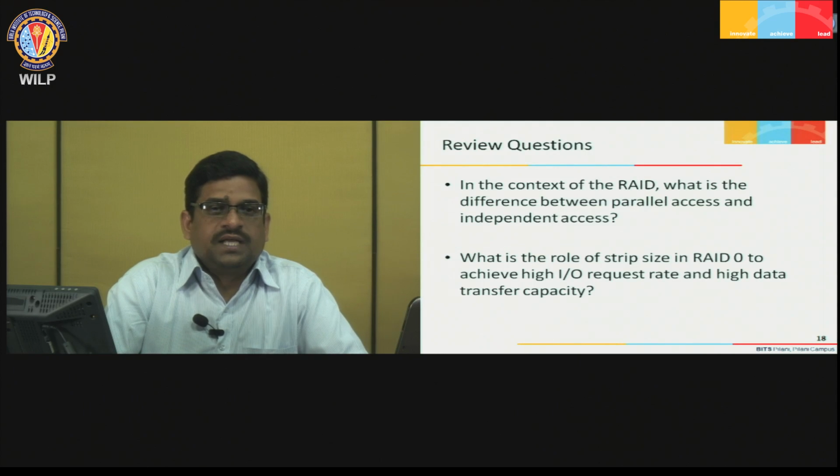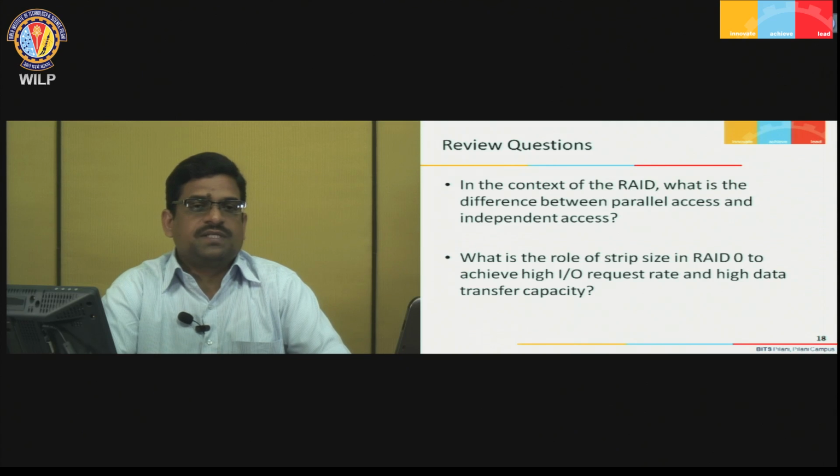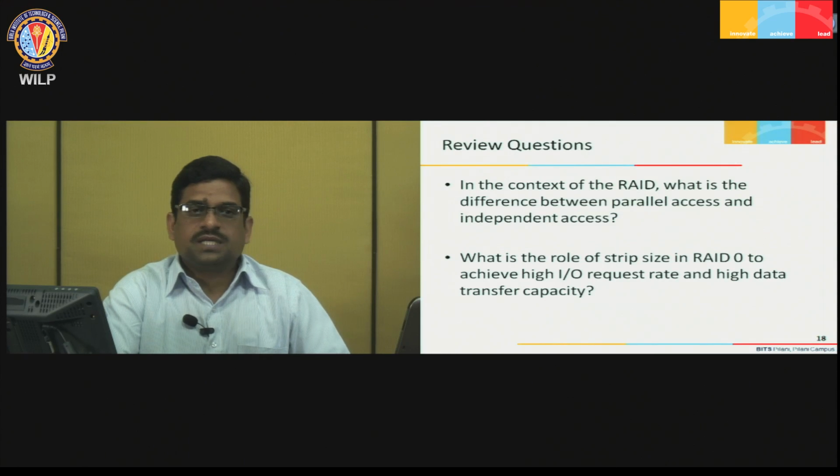You have to tell whether the strip size should be small or large for high I/O request rate and high data transfer capacity. To improve the high data transfer capacity, what should the strip size be? So, it is related to whether strip size is small or large. You can answer that from this lecture.